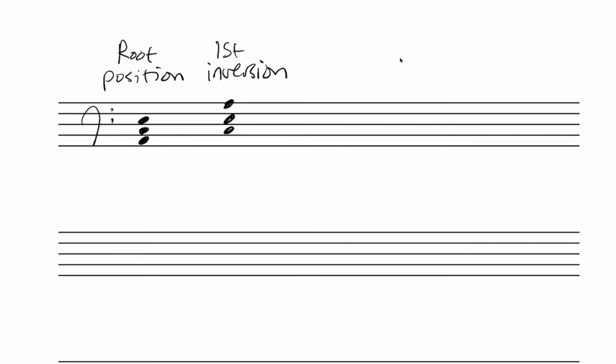Root position, first inversion. The other position we have available to us is called second inversion, and that is when the fifth of the chord is the lowest sounding note. Root position, first inversion, second inversion.